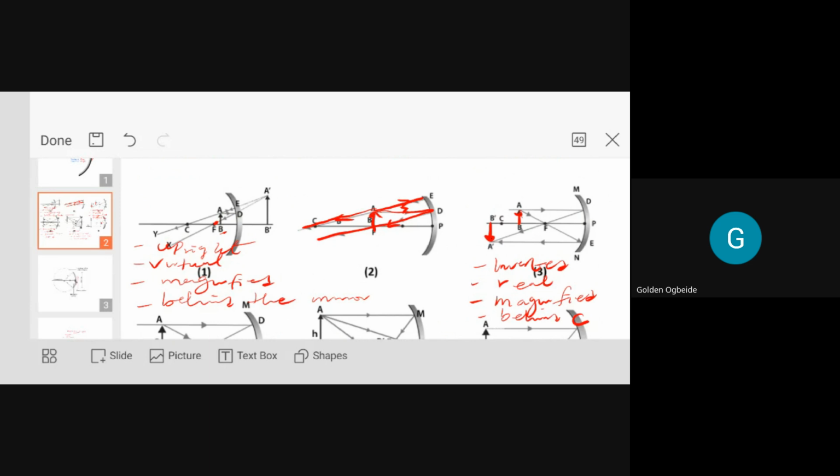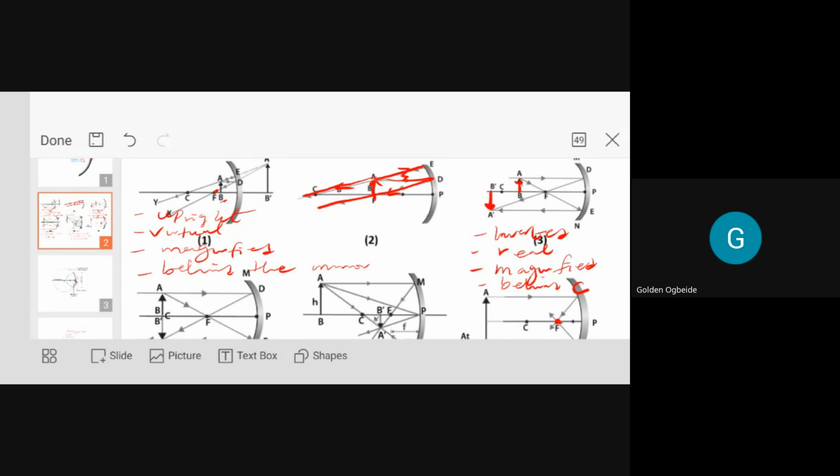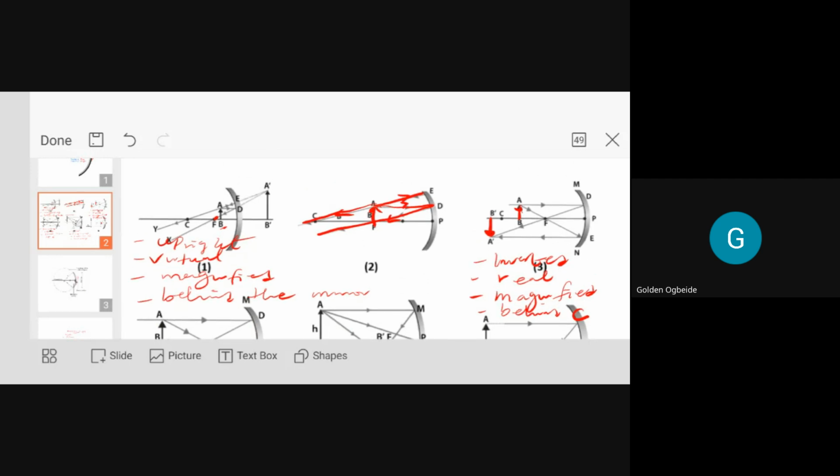A virtual image is only formed when the object is in front of the focal point. That is the only time a virtual image will be formed, and that virtual image is what we have in diagram 1, the first diagram, where we have a virtual image that is upright and magnified. All right. So that is the only time a virtual image is formed for a concave mirror.